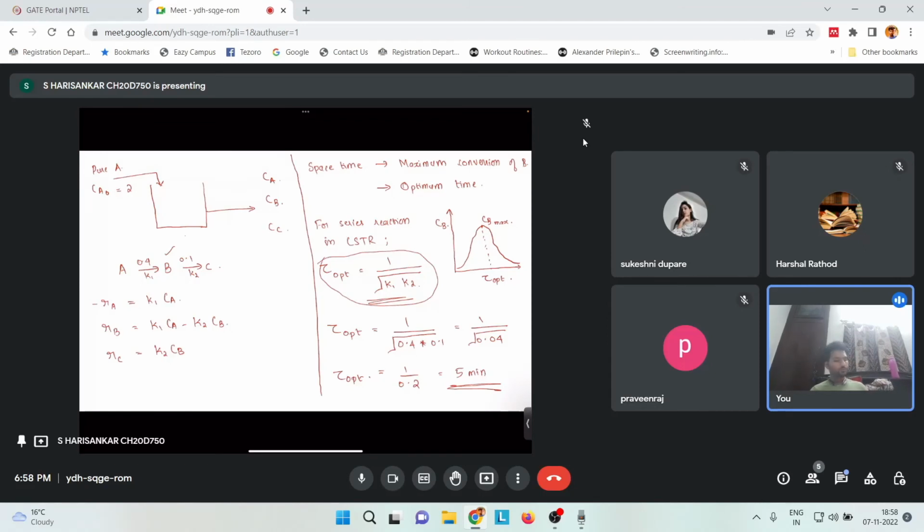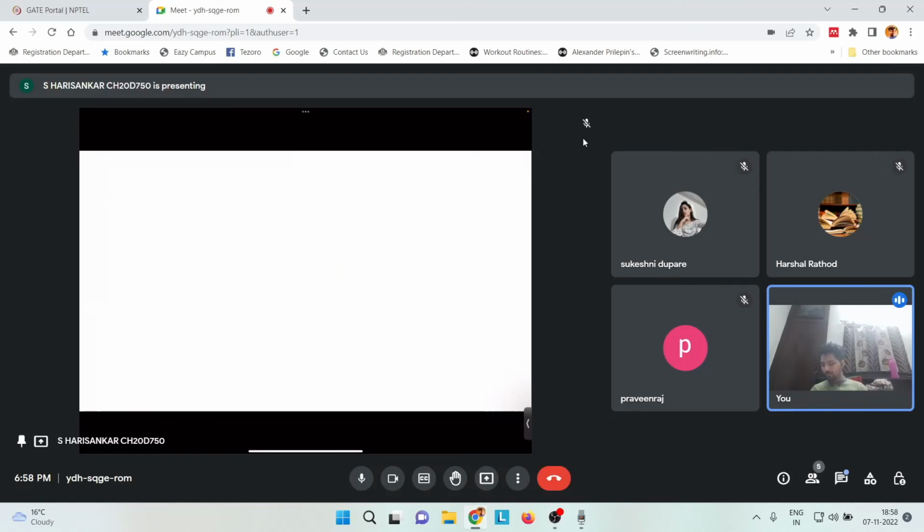Okay, so now we can write the design equations for our system. What we need to find here is the yield of B, the yield of the intermediate product B, and that has been given as RB by minus RA.